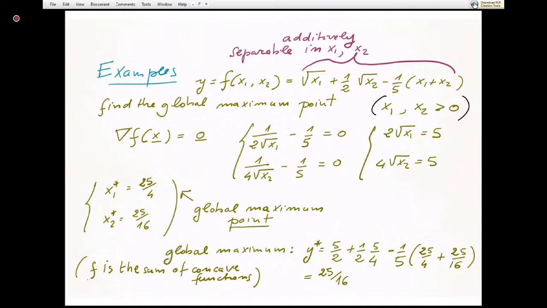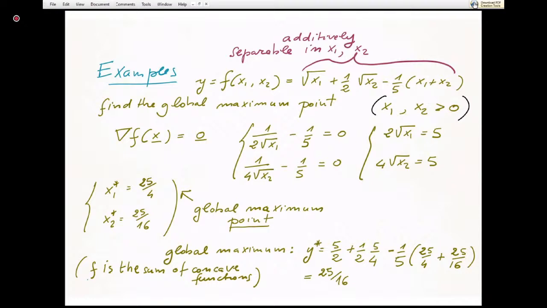Y equal to f of x1, x2 is equal to square root of x1 plus 1/2 square root of x2 minus a positive coefficient, 1/5 times x1 plus x2. Of course, you could as well construct examples with 3 variables, having the same structure.